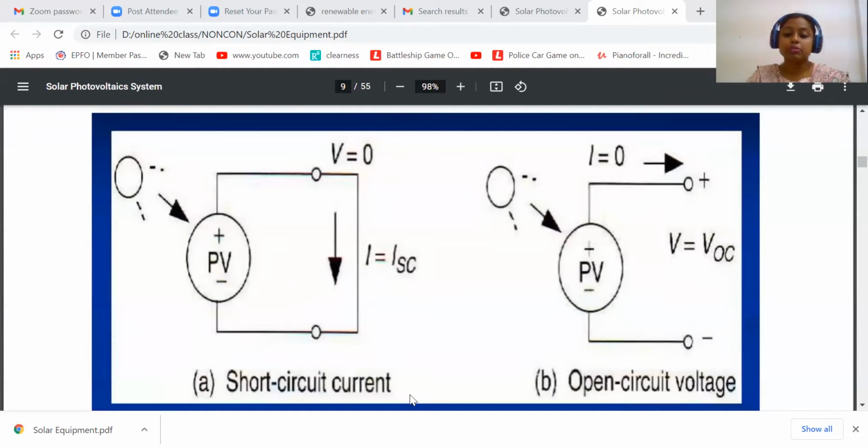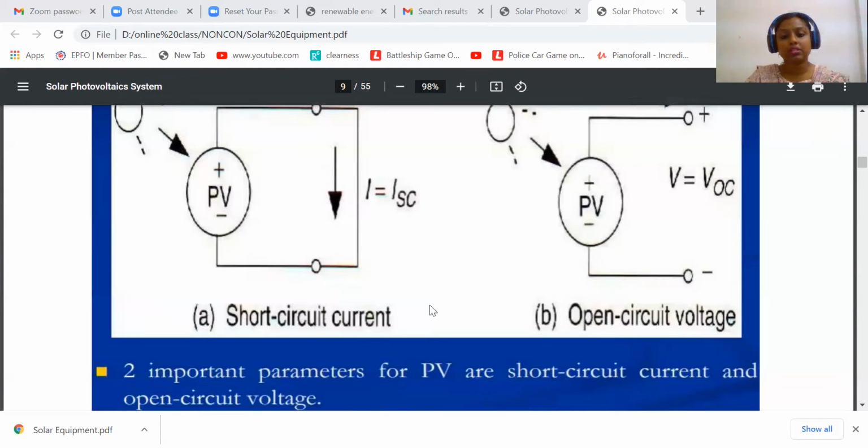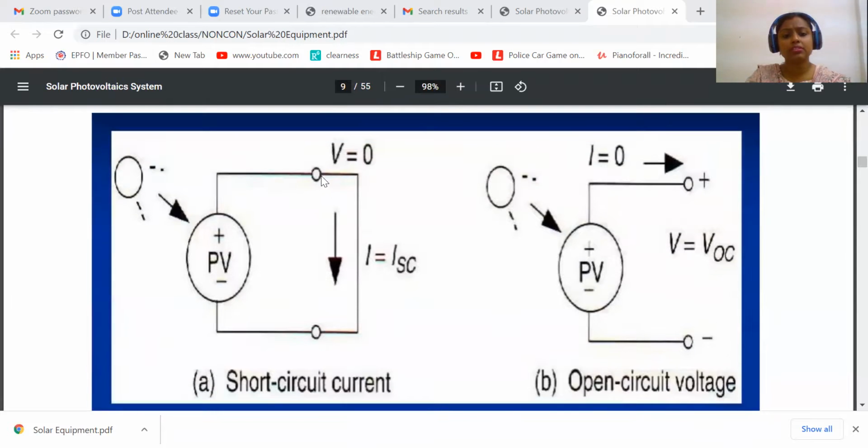We have different parameters, like the short circuit current, ISC, and the open circuit voltage, VOC, of the PV panel, by which we can model the PV cell. Shorting means this path is shorted and the current is measured, and VOC means these two points are open and the voltage is measured.